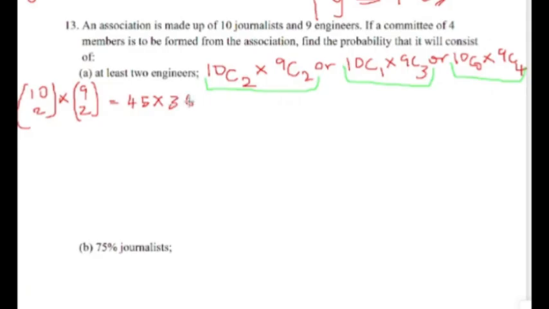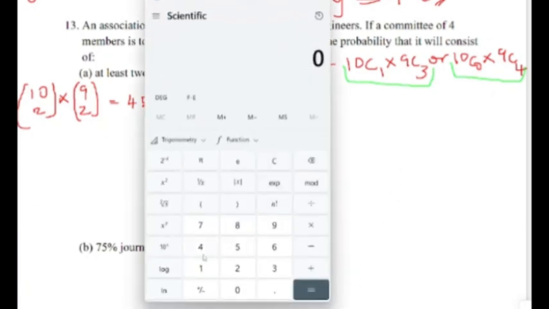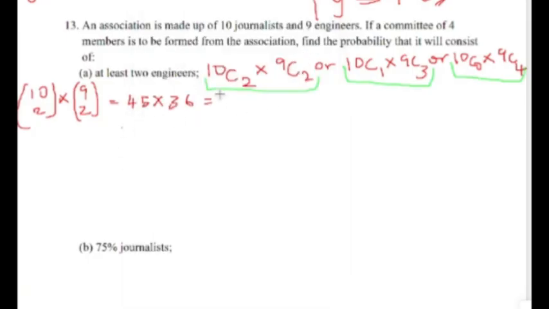So we multiply 45 times 36, and we get 1620. Okay, so we are done with that.